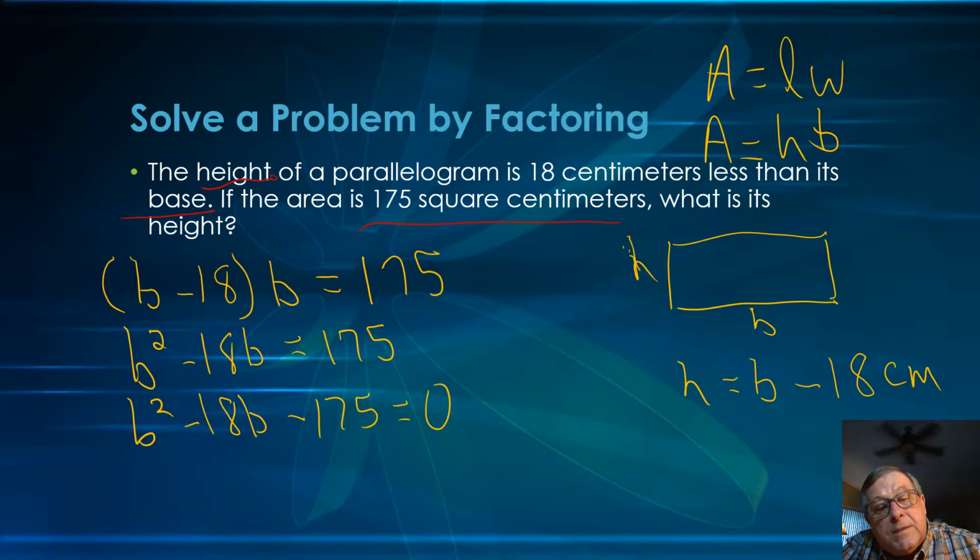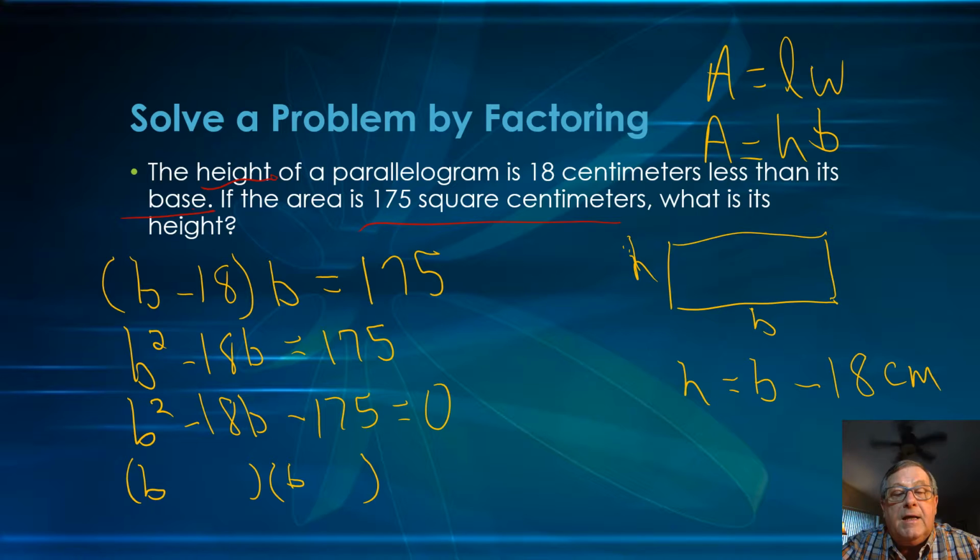I'm going to draw a couple of sets of parentheses. And I've got just one B squared, so I'm going to put a B in each parentheses. I've got a negative last term and a negative middle term. So this negative last term tells me I have to have a plus and a minus inside my parentheses. And the absolute value of the largest number is going to be negative.